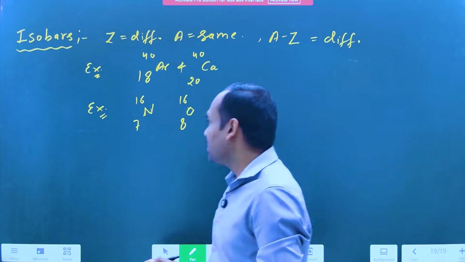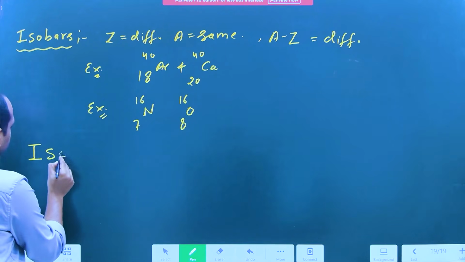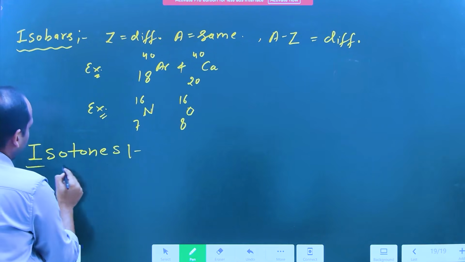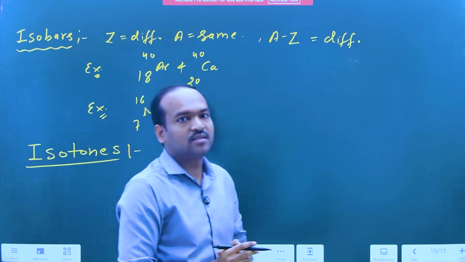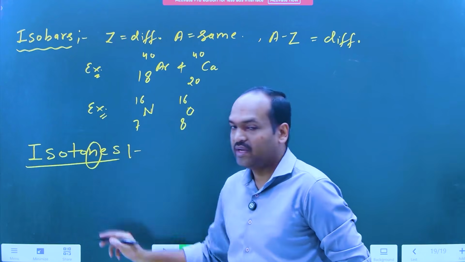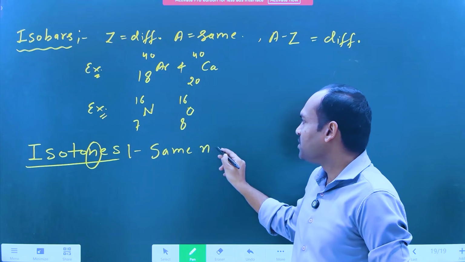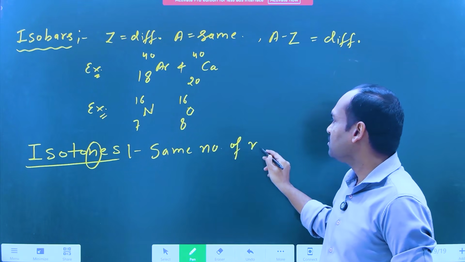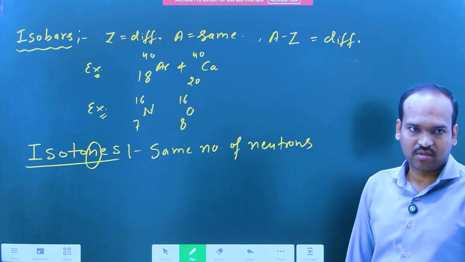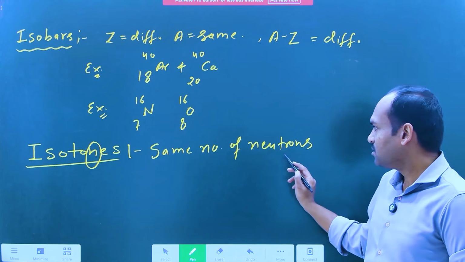Next term is isotones. Here we focus on N. Species having the same number of neutrons.